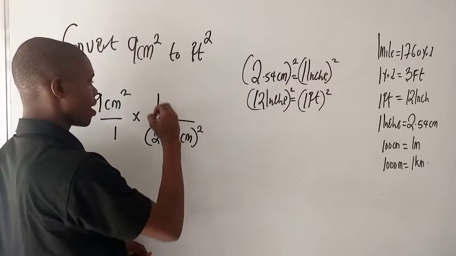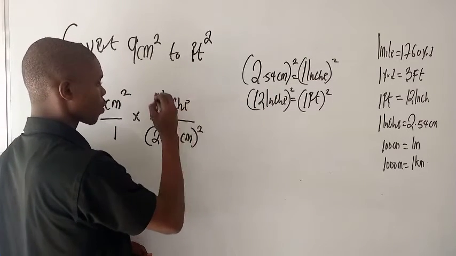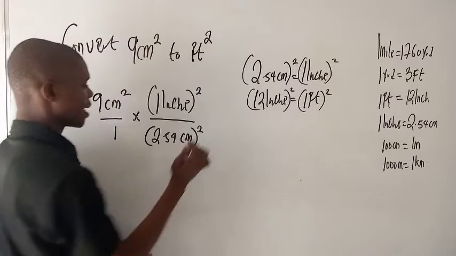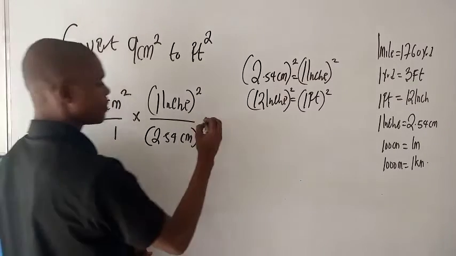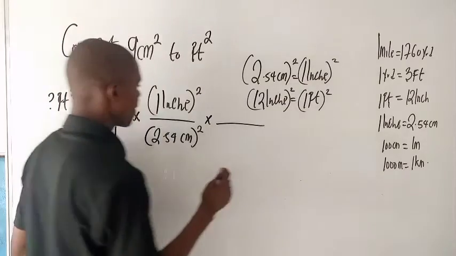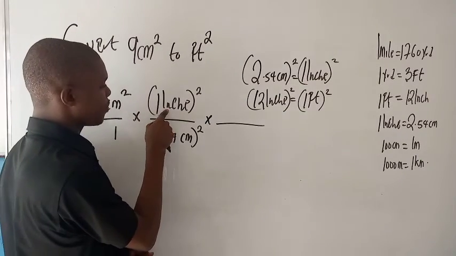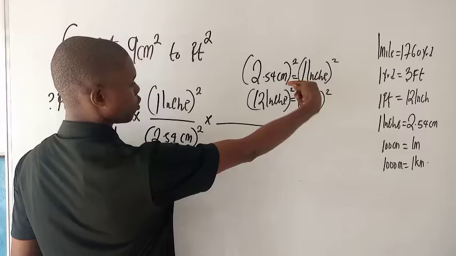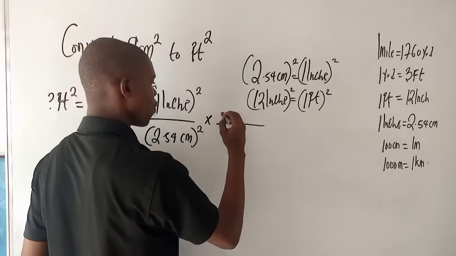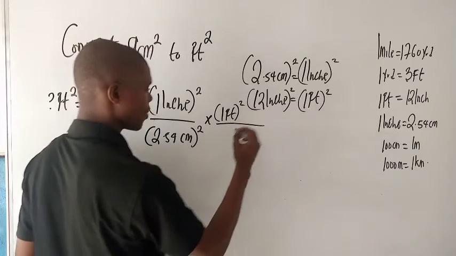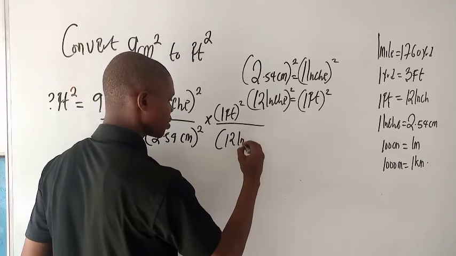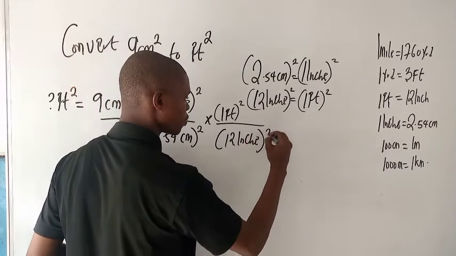Then here we have 1 inch all to the power 2. Because inch is already at the top here, this one goes down, and the feet will be at the top. So it is going to be 1 feet to the power 2 for this one, then here we have 12 inch to the power 2.